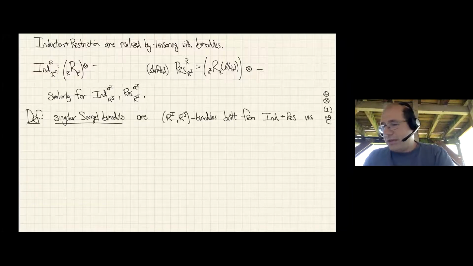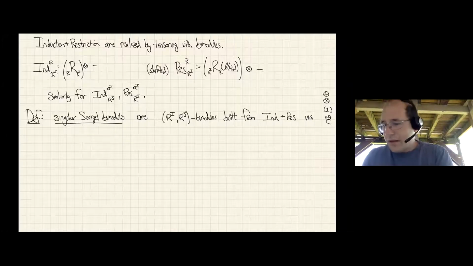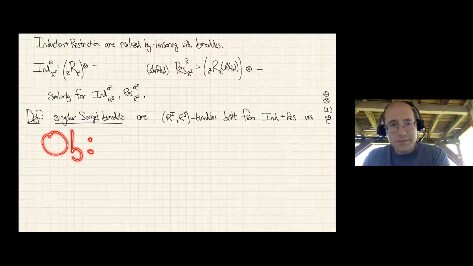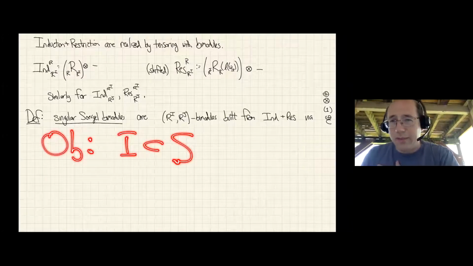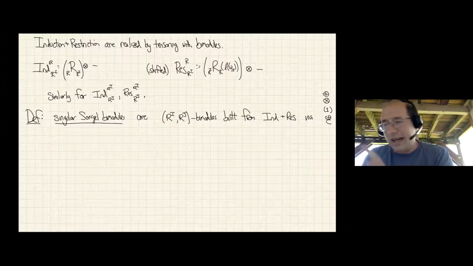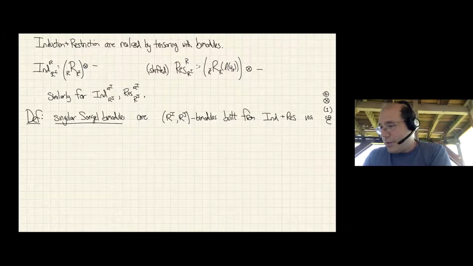And so singular Soergel bimodules are a two category. The objects are going to be the subsets of S. And Hom from I to J is going to be a collection of Ri, Rj bimodules. Actually, that would be Hom from J to I, because that's how tensoring works. You tensor from right to left. So Hom from J to I is the collection of Ri, Rj bimodules.